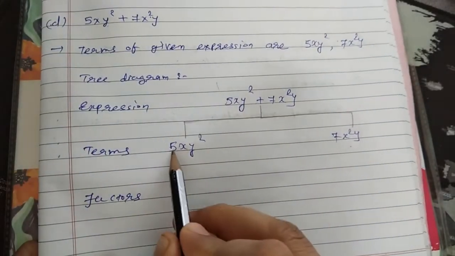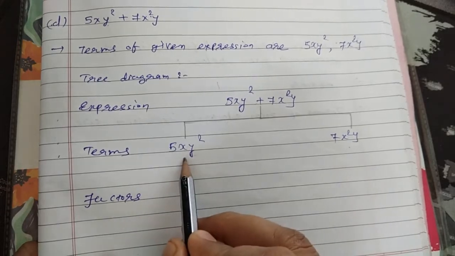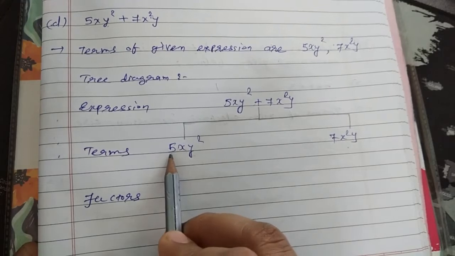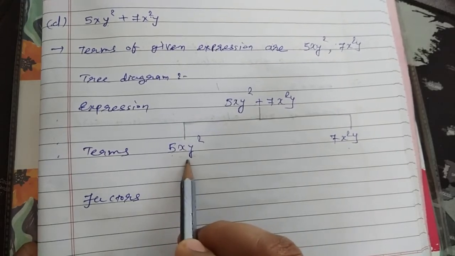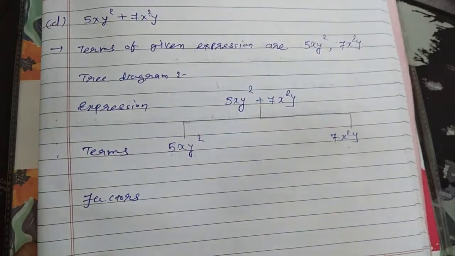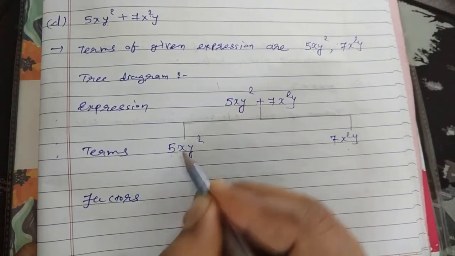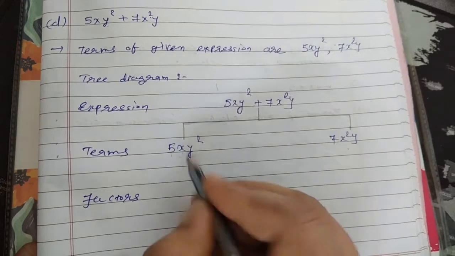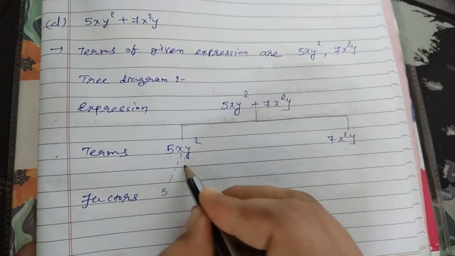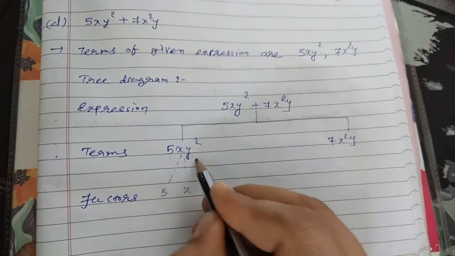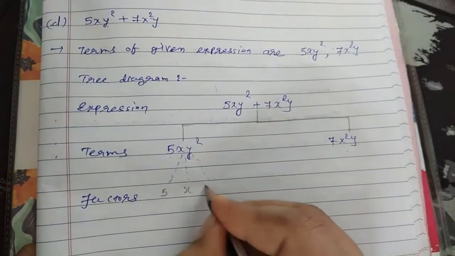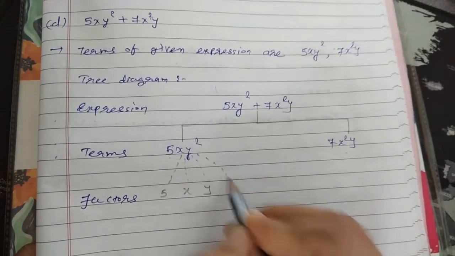Now here we can see that in this term there is a coefficient, that means a constant is multiplied with the variables x and y square. So the factors we can write: 5x and y square. Y square can also be factorized further, that is y multiplied by y.